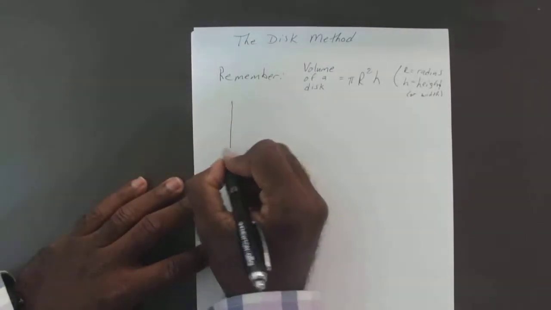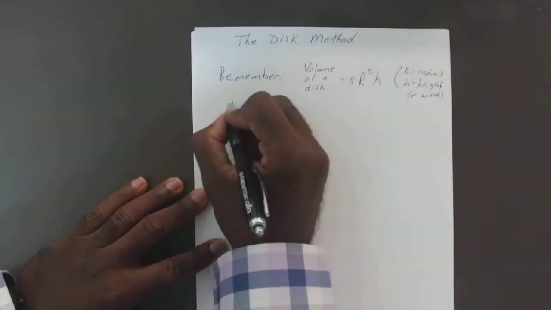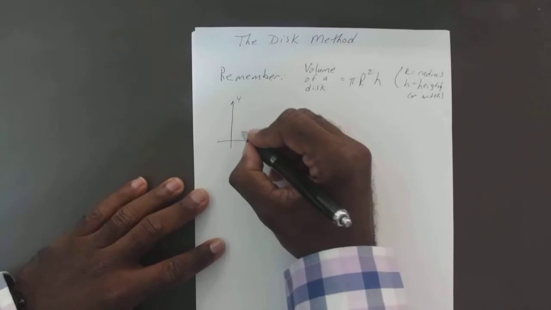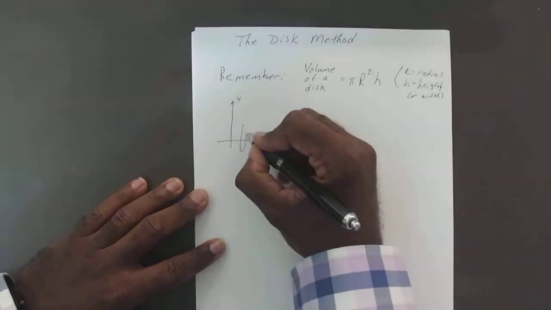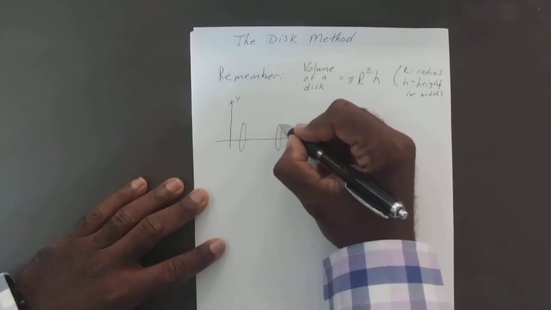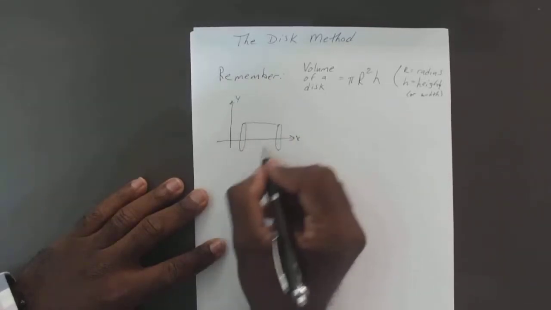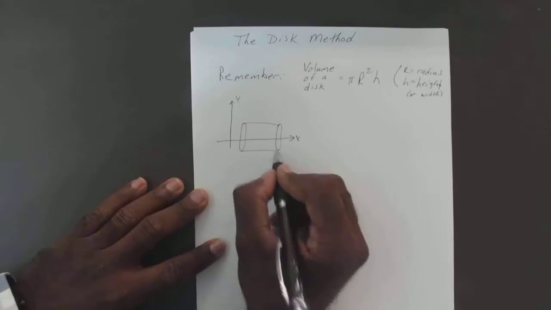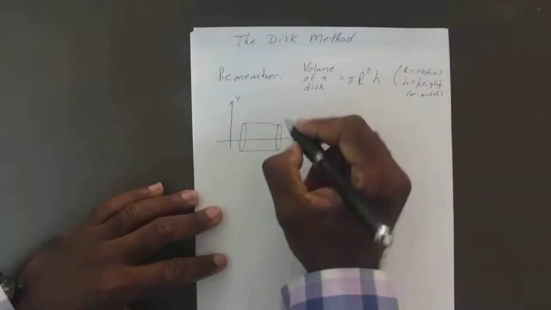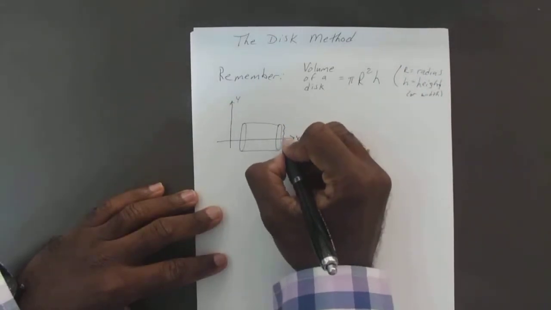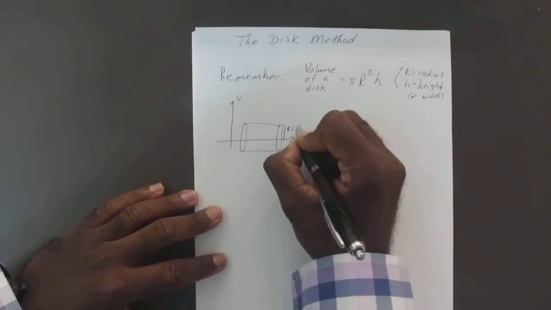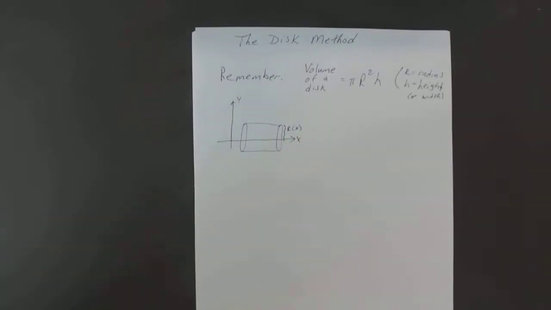Okay, so let's draw a cylinder shape around the x-axis. Okay, so we know that from the x-axis to that shape is your radius, so we'll call that our r of x.